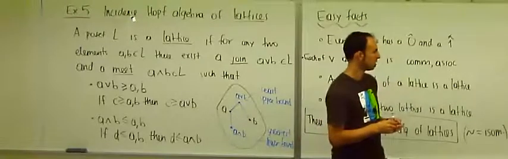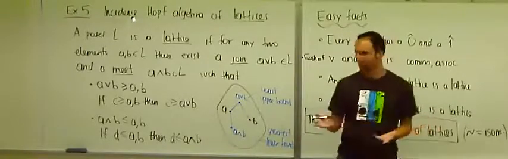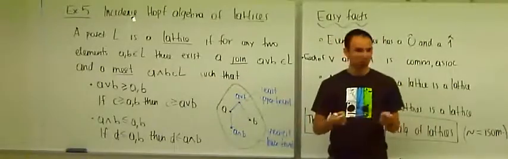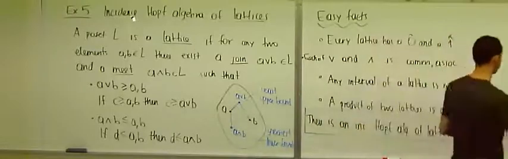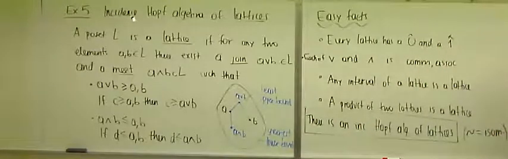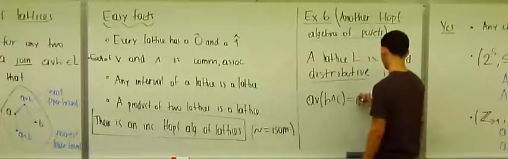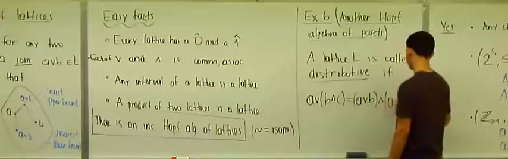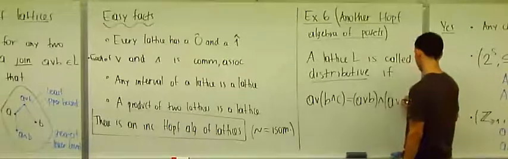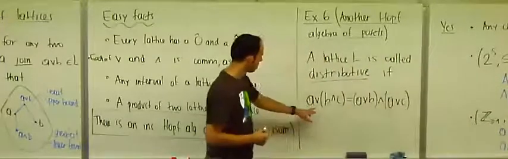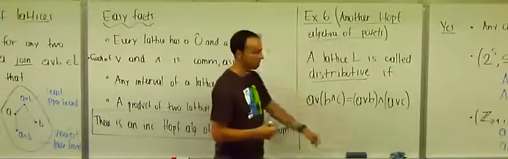So what should I call distributive? That you can distribute meet over join or join over meet. So should I say that this is distributive? That would be distributing the meet over the join.